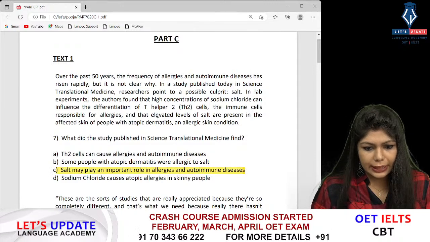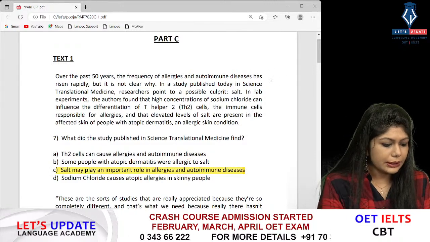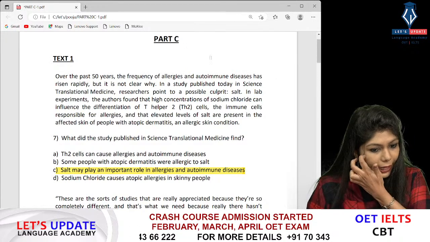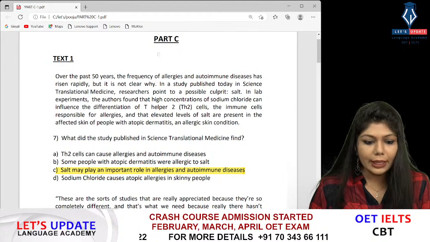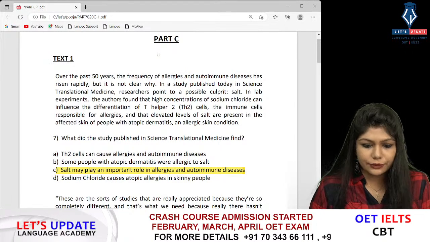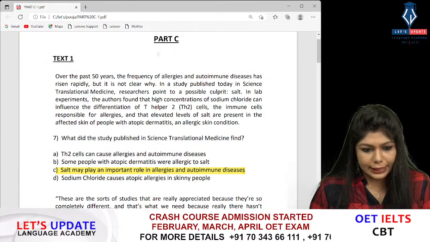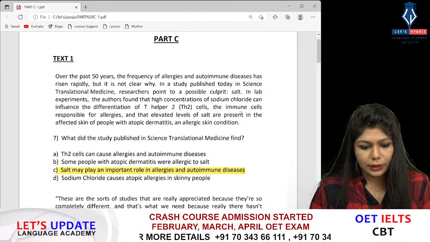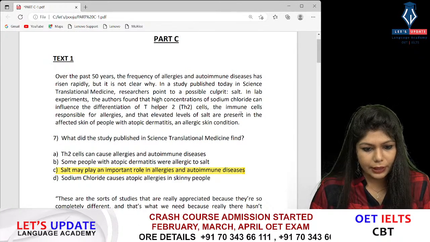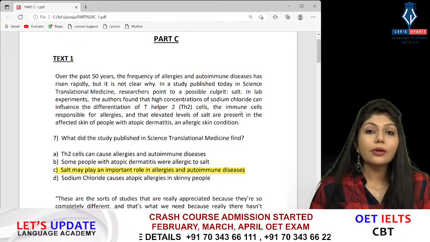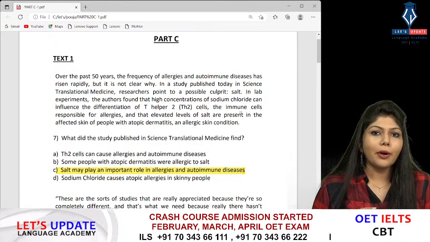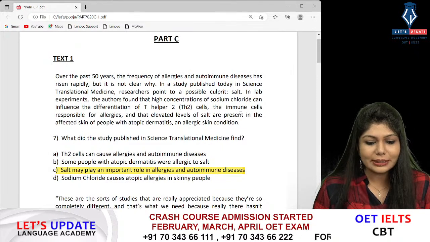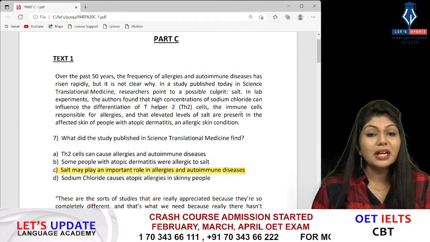So this is the answer. Because in the paragraph they have written, in lab experiments, the authors found that high concentrations of sodium chloride can influence differentiation of T helper 2 cells. Okay, so they have mentioned that high concentrations of sodium chloride play an important role because they influence the differentiation of Th2 cells, right?